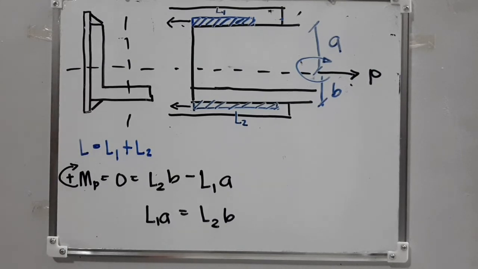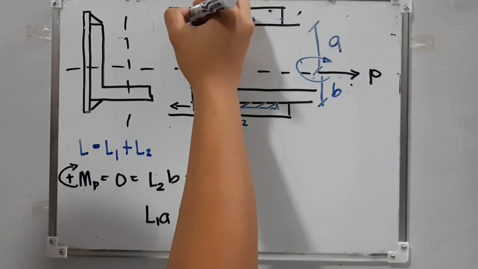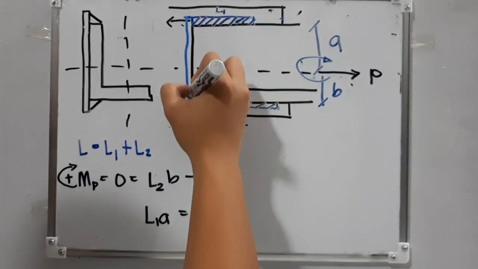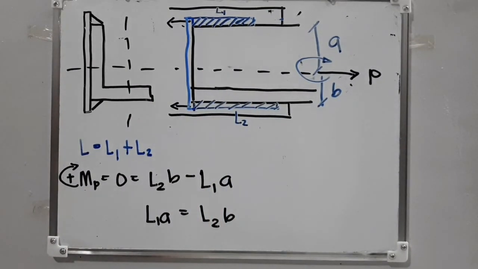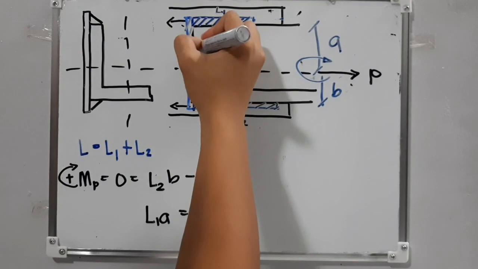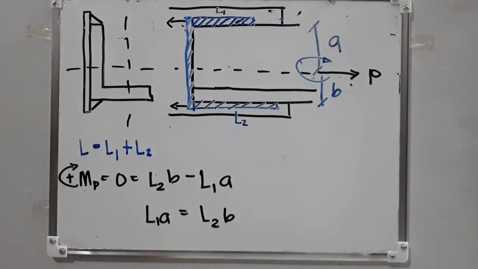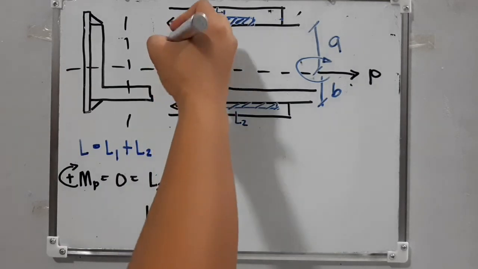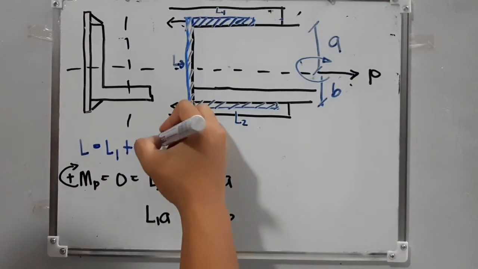So how about kapag meron na tayong another weld? Kapag full welded na yung ating connection, lahat, ibig sabihin, all the sides of our connection ay welded na. So that would be your L3. Ganun pa din naman, we will just add L3 here.